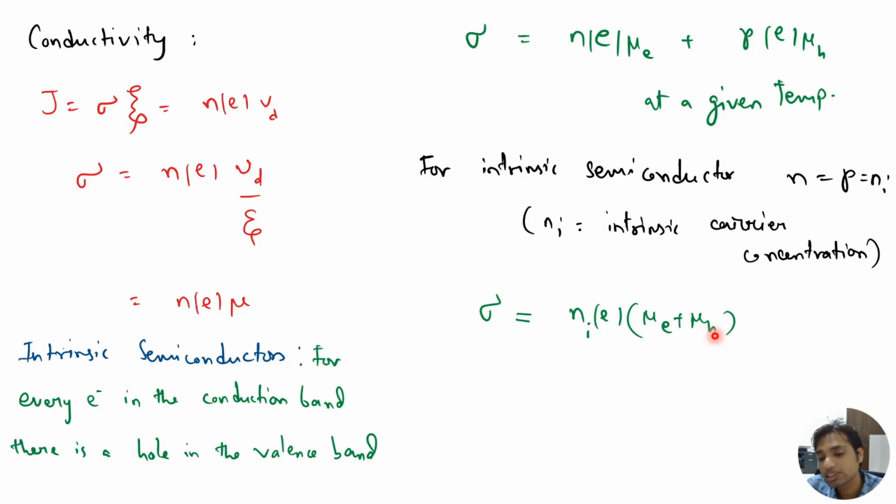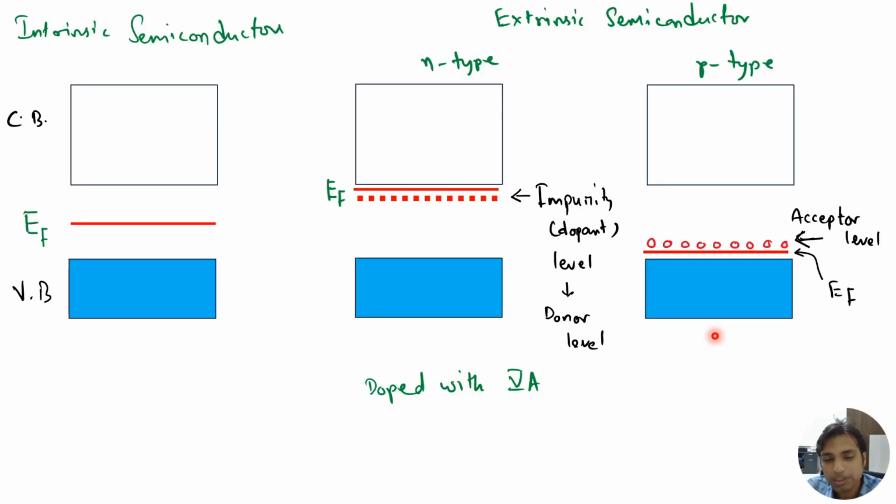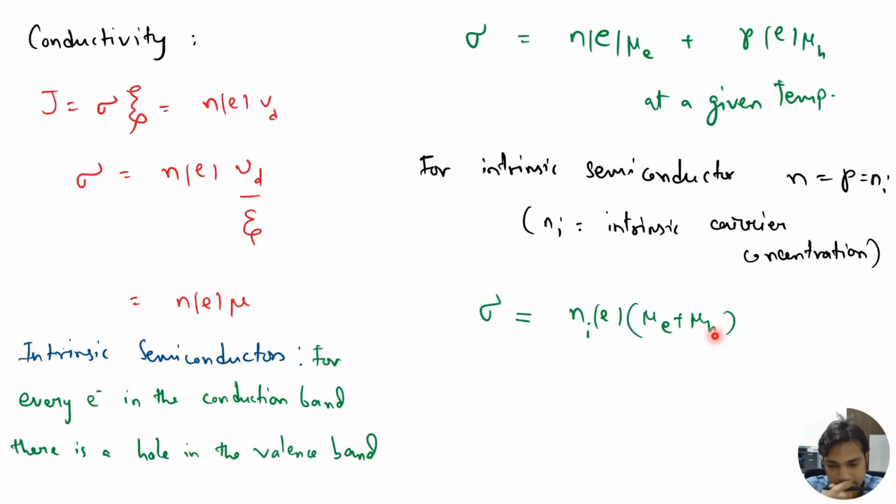So this is about the intrinsic semiconductors. Going back to the previous slide, P is the number density of holes, and N is the number density of electrons.